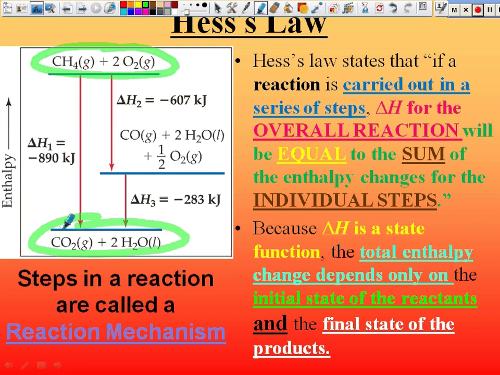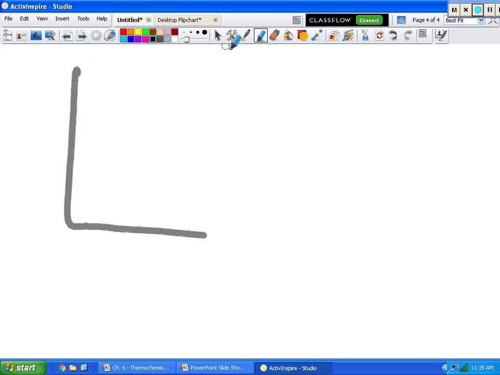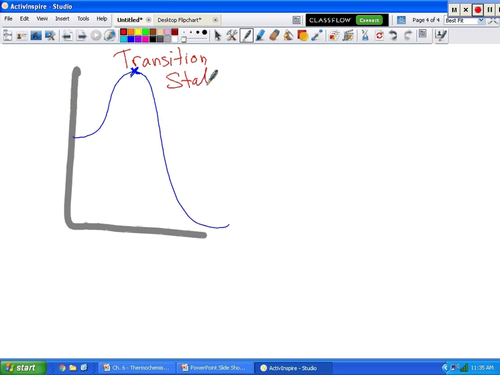So you remember whenever we drew the thermodynamic graphs, what was that top of the hill called? That's the hill. What's the top of the hill called? Okay, right there. You're right. Hold that statement. That's the next question. This is called the transition state, which Peyton, these things in the transition state are called what?